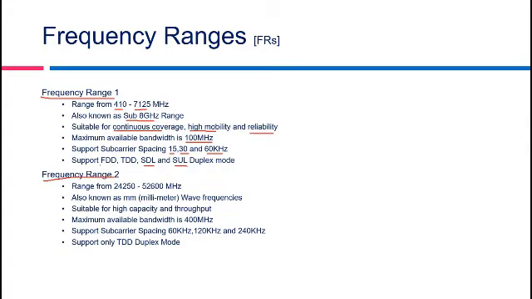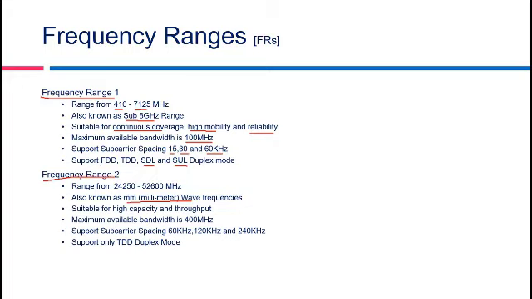When we come to frequency range 2, their range starts from 24250 MHz to 52600 MHz. This frequency range is also known as millimeter waves because their wavelength is in the millimeter order.